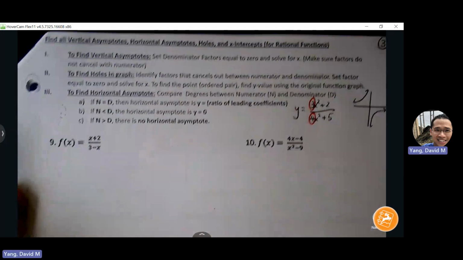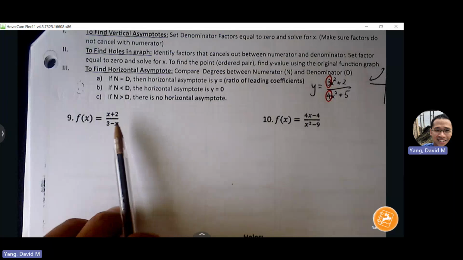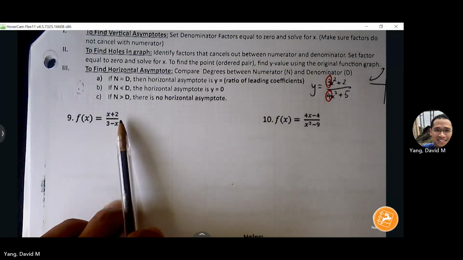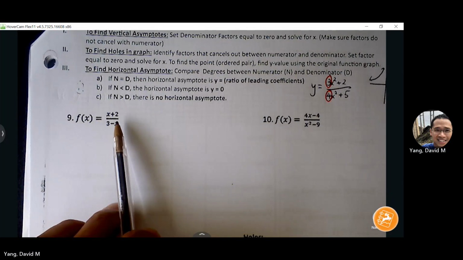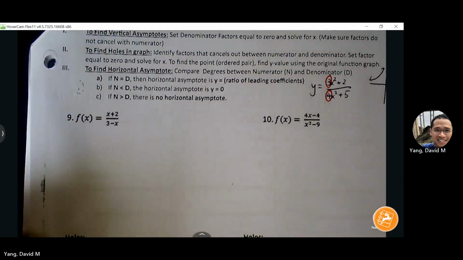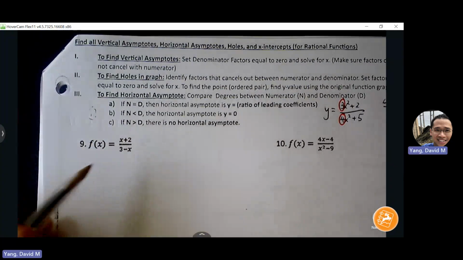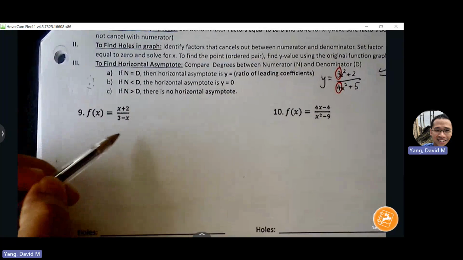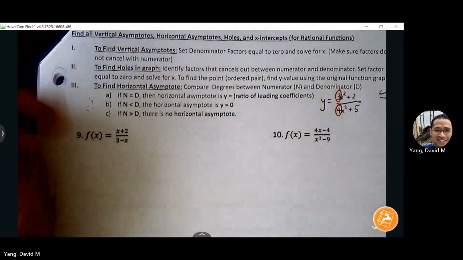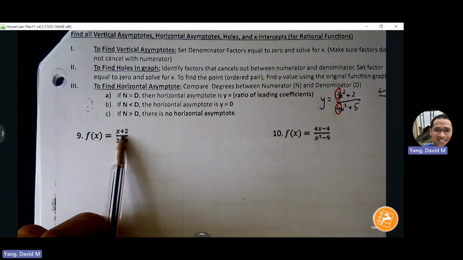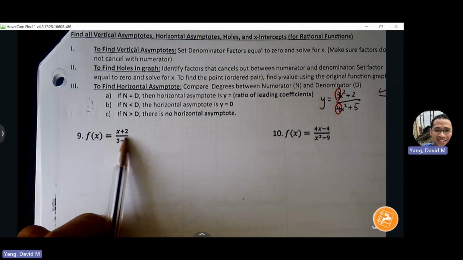Okay, so let's look at number 9 here. f of x equals (x plus 2) over (3 minus x). There are a couple more things that I want us to find, but we'll start with what we've gone over here. If I want to find my vertical asymptote, I'm going to set my denominator equal to 0.